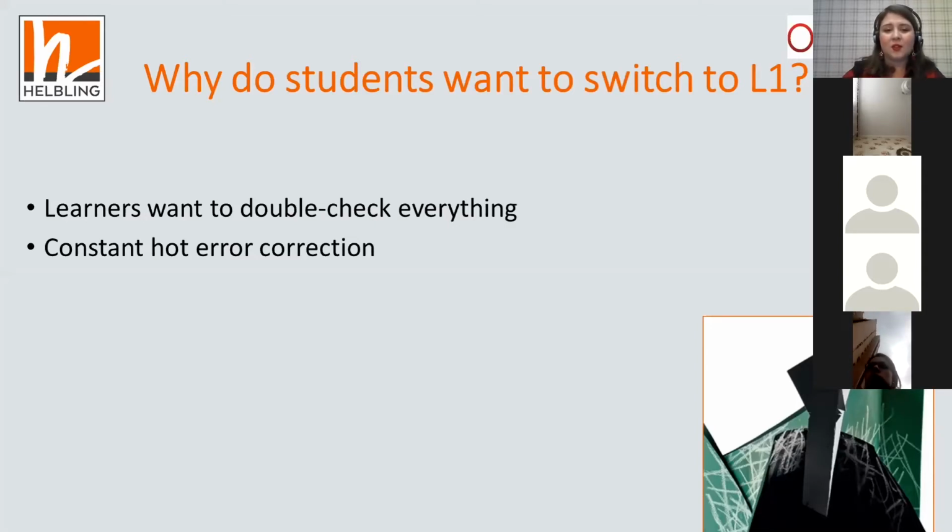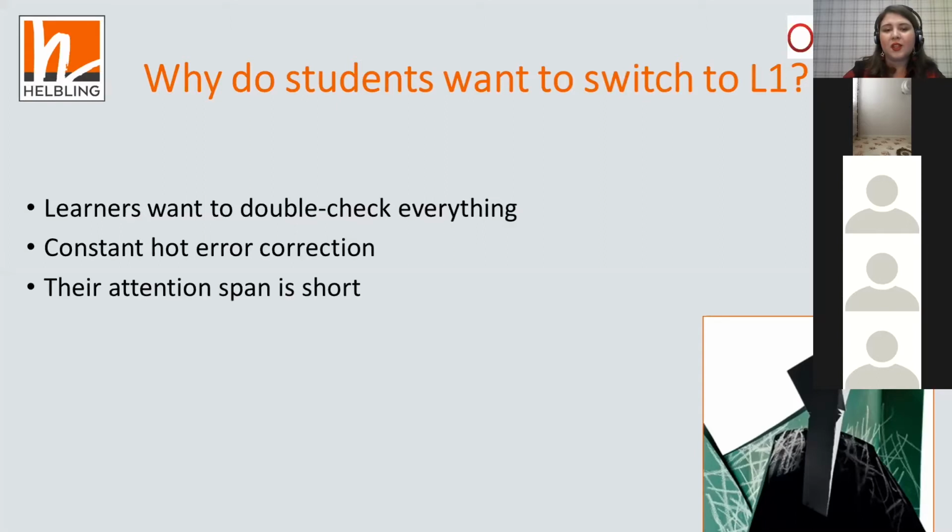So, then the reason can be that students' attention span is short. Well, even though we are talking about adult learners, still our attention span can be pretty short. Yeah. And also, students usually have their lessons after their long work days, maybe early in the morning.